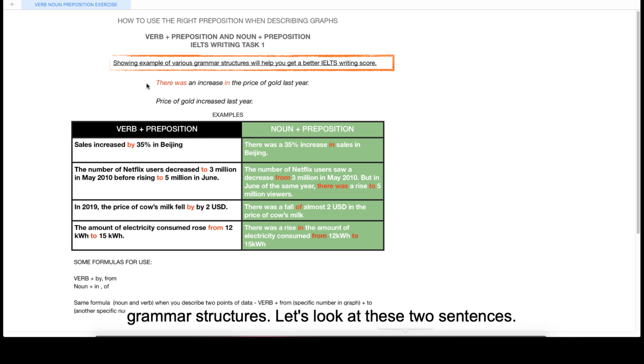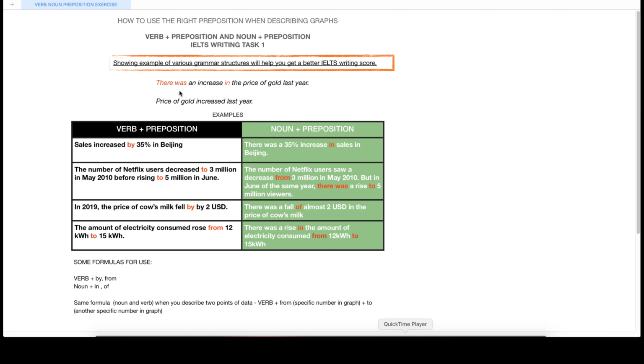Let's look at these two sentences now. There was an increase in the price of gold last year. And so you can see that this is the noun form of increase, and the price of gold increased last year is the verb form.